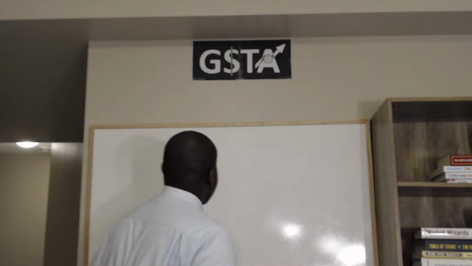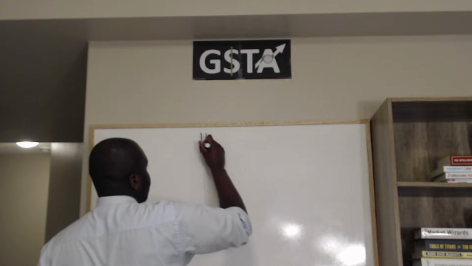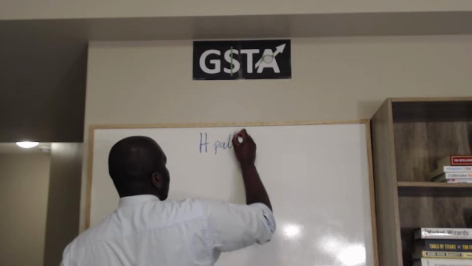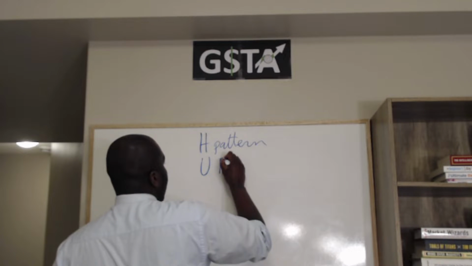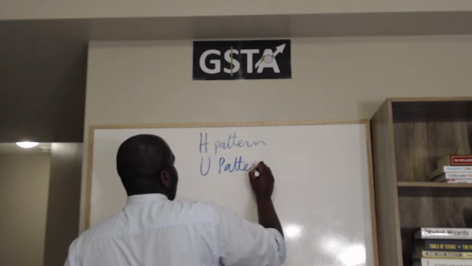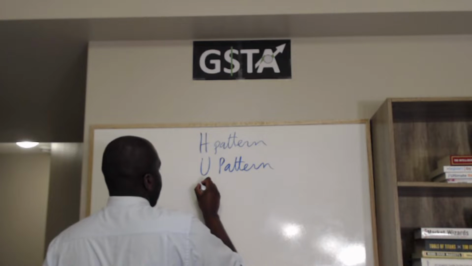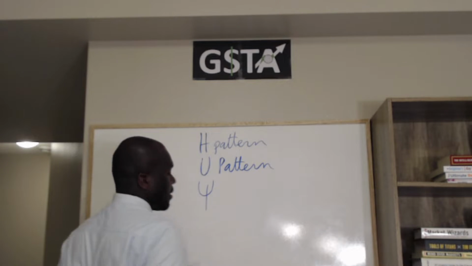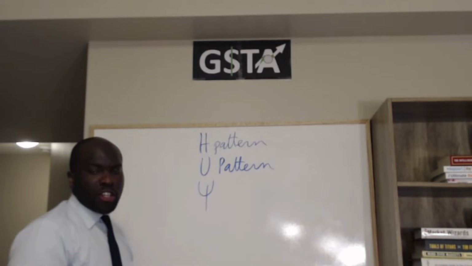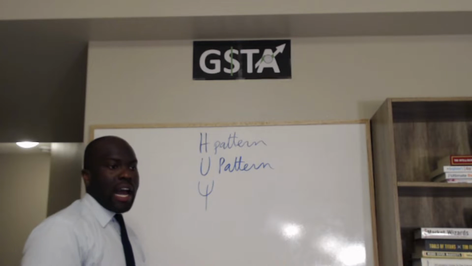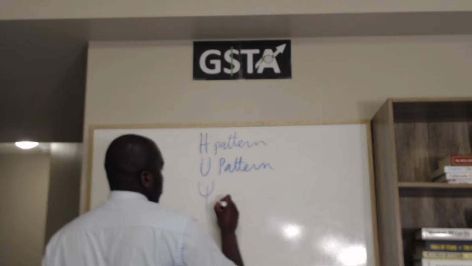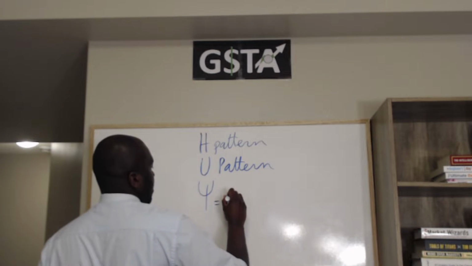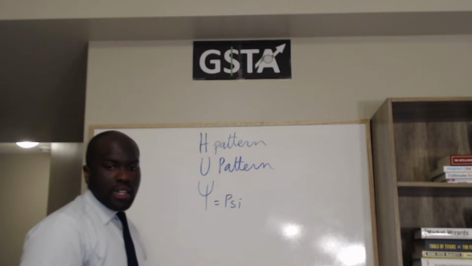true patterns, as I call them today: the H pattern, the U pattern, the psi pattern. The psi pattern is like the Greek alphabet representation. So we call that psi.